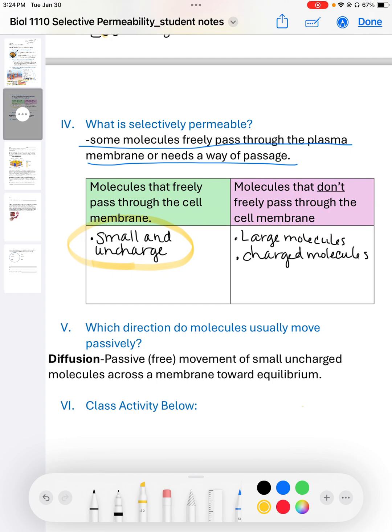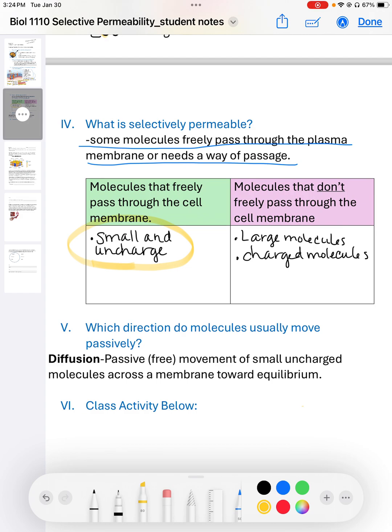Small and uncharged molecules can freely sneak their way past the hydrophilic heads and the hydrophobic tails.